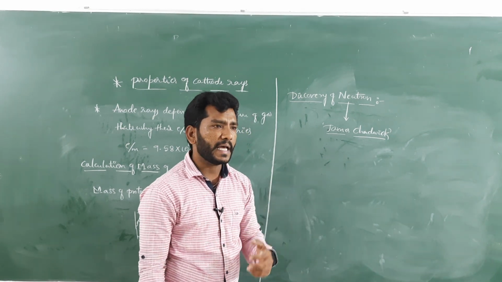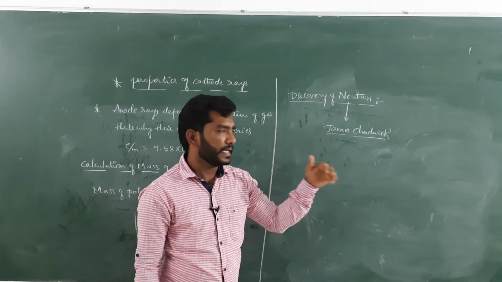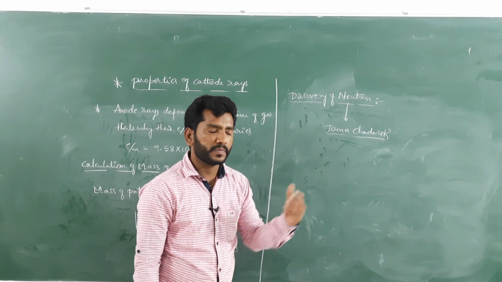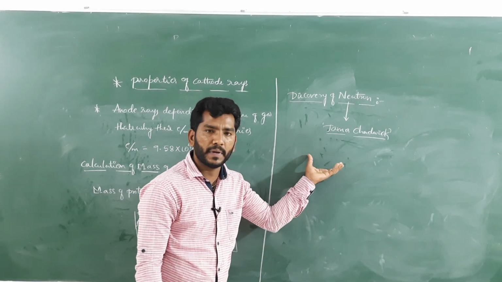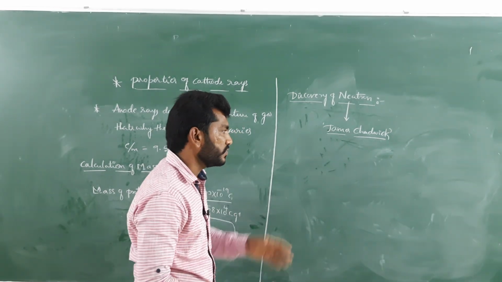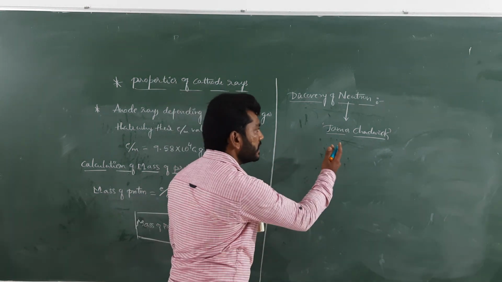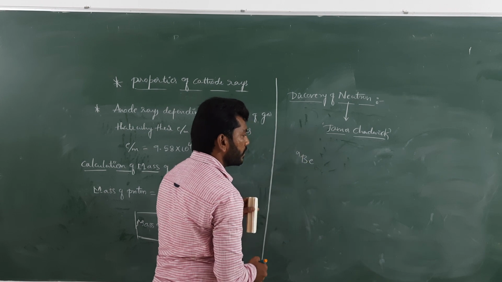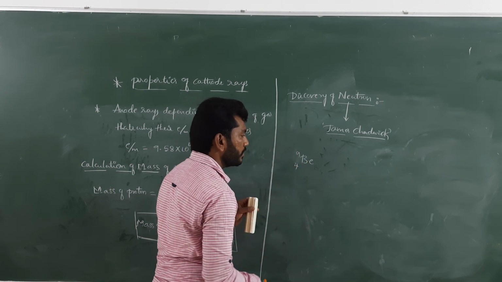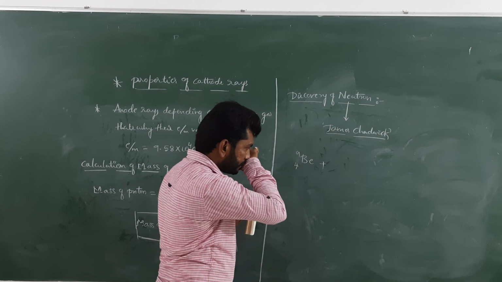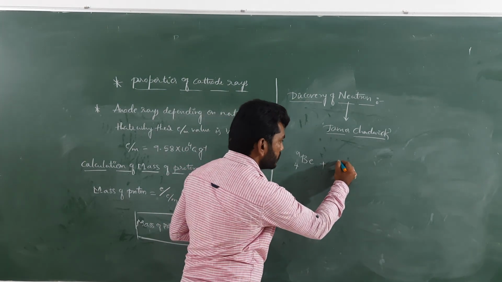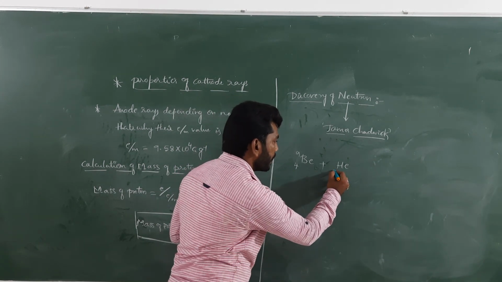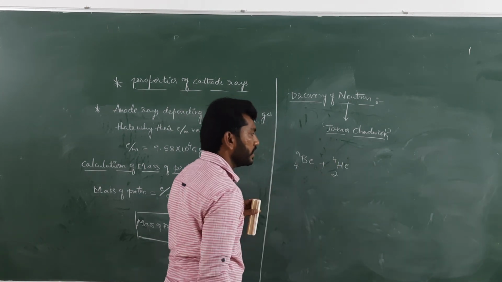When he bombarded them with high speed alpha particles, a new particle was emitted from that element. So what was that experiment? Let's see. I have taken beryllium, whose mass number is 9 and atomic number is 4, and he bombarded it with helium, which is nothing but an alpha particle.